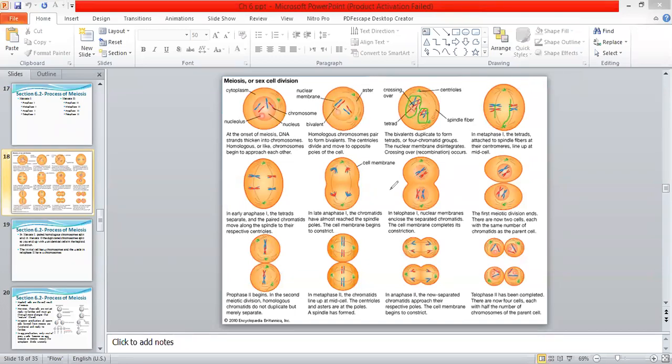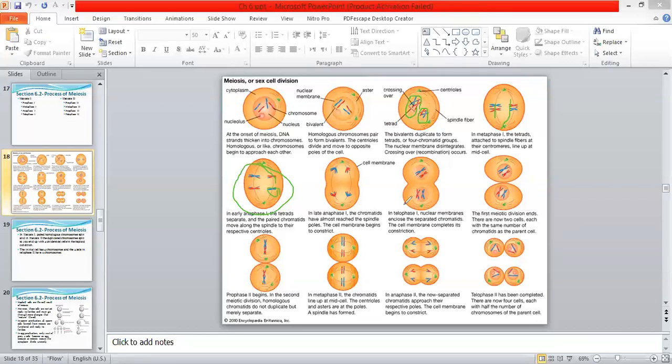Then the cell enters anaphase 1. In anaphase 1, the homologous chromosomes, as you can see here, will separate from each other and move to opposite sides of the cell, but the sister chromatids still remain attached.